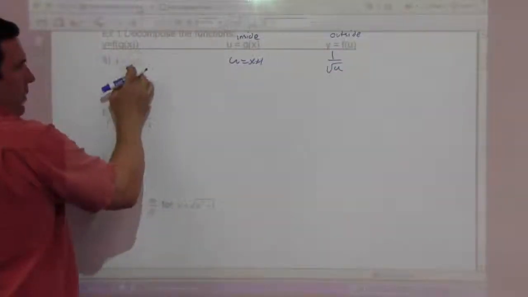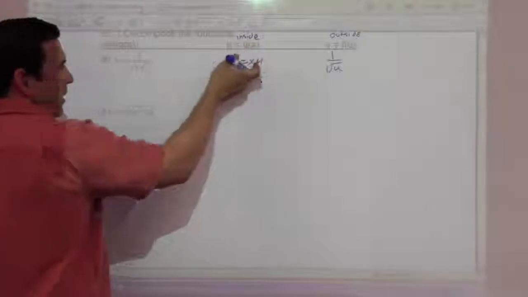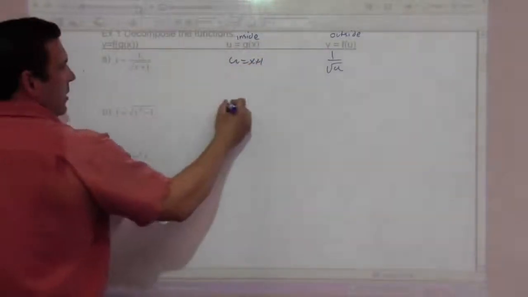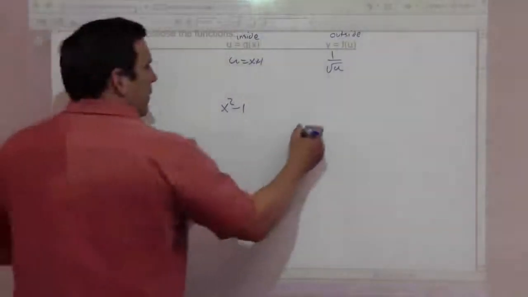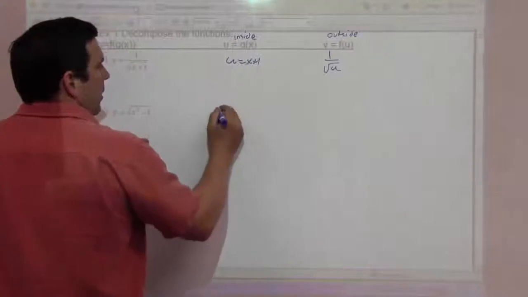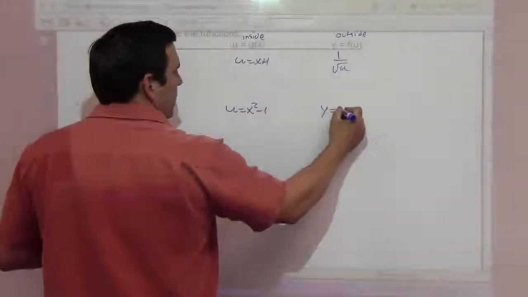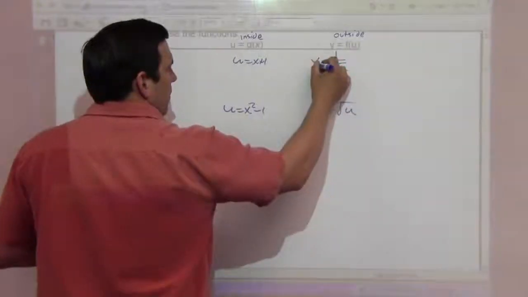And the next one, the inside function is u equals x squared minus 1, and the outside function is y equals the square root of u.